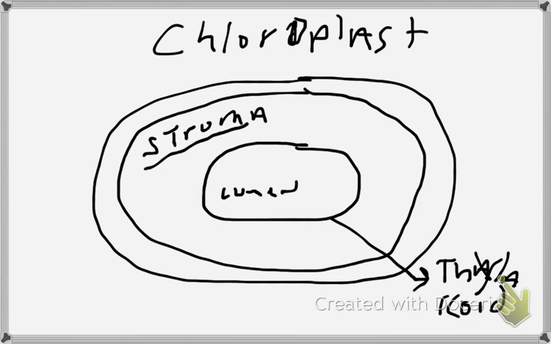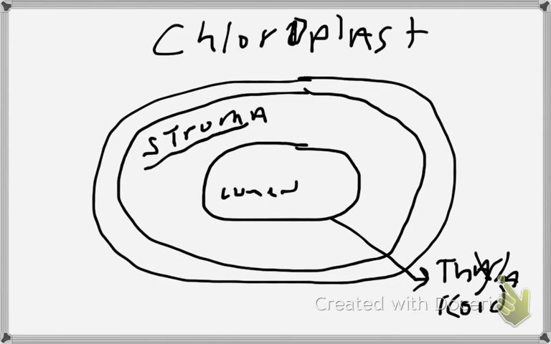So in the way that the mitochondria is the place where cellular respiration happens, in other words, citric acid cycle, pyruvate oxidation, oxidative phosphorylation, this is the organelle where all the photosynthetic reactions are going to happen.